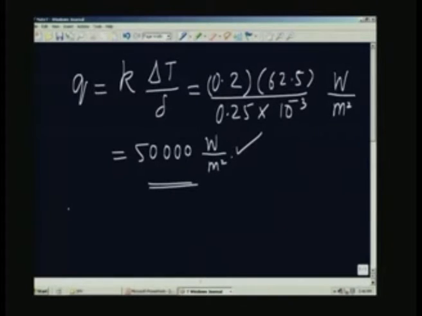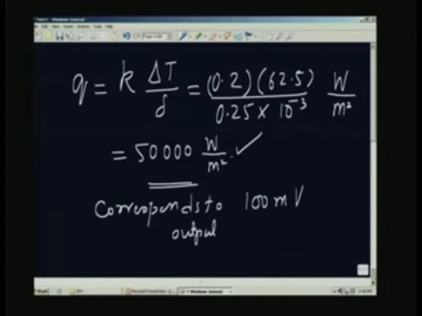So, Q equal to this corresponds to 100 millivolt output, which is very easy to measure. So, just to summarize what we have found, you are going to use a very thin film of material of known thermal conductivity, in this case Kapton, which is a plastic material whose thermal conductivity is 0.2 watts per meter degree Celsius, varies very little in the operating range of temperatures.